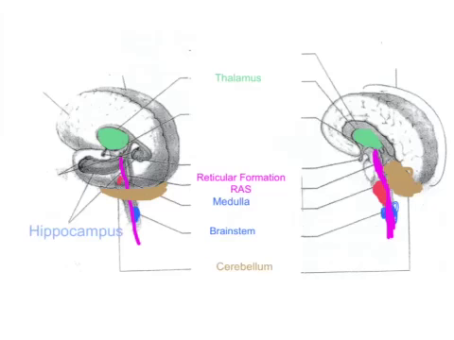The first part of the limbic system that we're going to discuss is the hippocampus. The hippocampus is hard to diagram. You can see it's labeled down here in the lower left of the three-dimensional diagram.